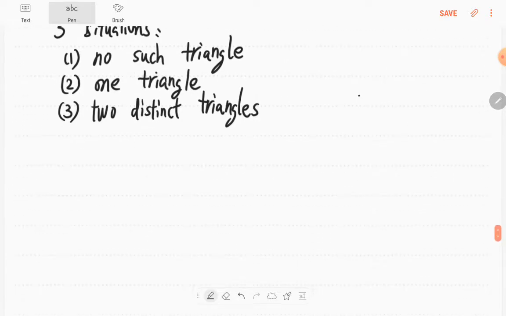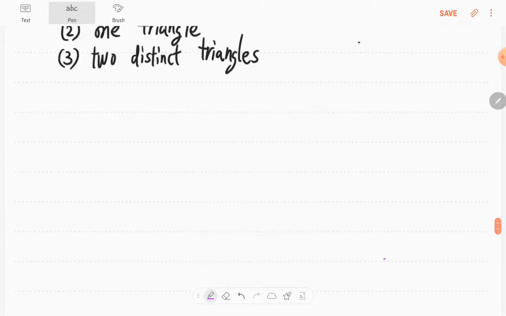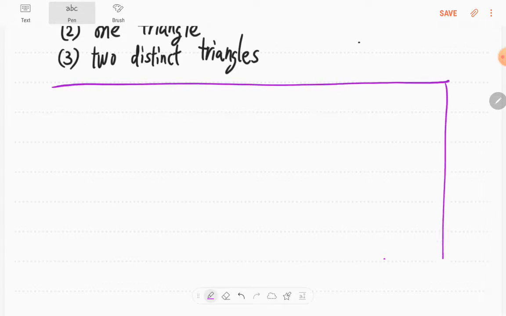Why would this happen? I use another color to tell you the reason. If we have a triangle, I use this box.